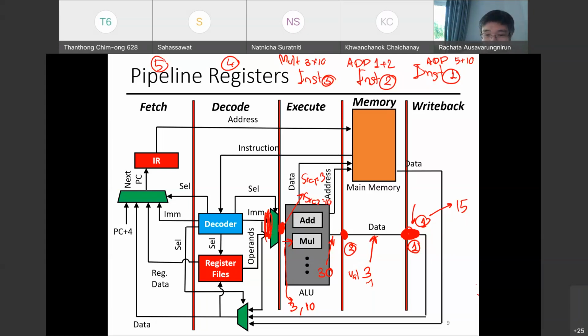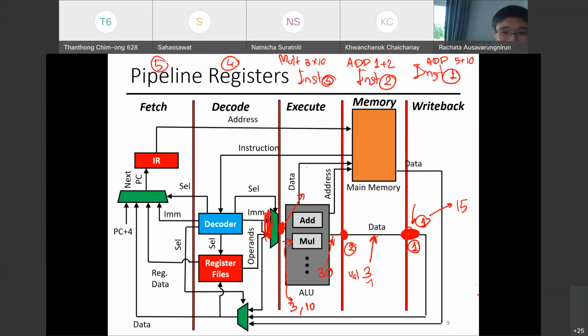Wait, what is source 3 and source 4? Sorry, I was confused. There's a question of source 3 and source 4. So what do you mean by that? Oh, that's source 1 equal. Okay, sorry, my handwriting. I'm writing source 1 equals 3 and source 2 equals 10.